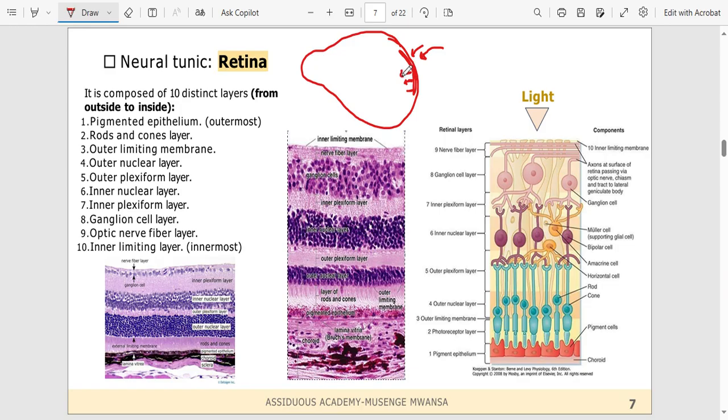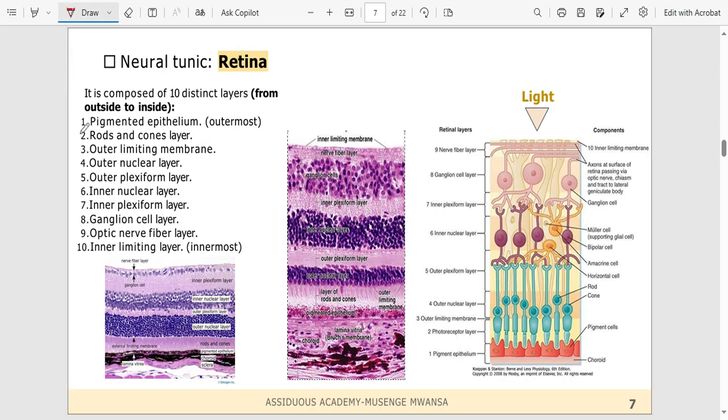After the rods and cones, we're going to have other cells, which you call bipolar cells. And then after those bipolar cells, you are now going to have these cells here. These are the cells that are now going to come together and form the nerve that controls sight or seeing. So those ones we call ganglion cells.